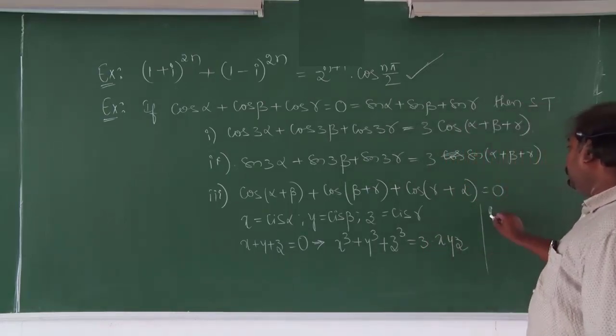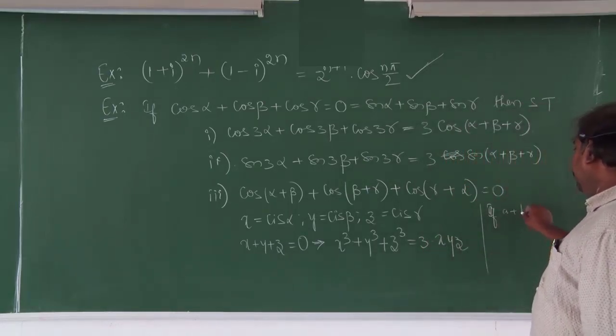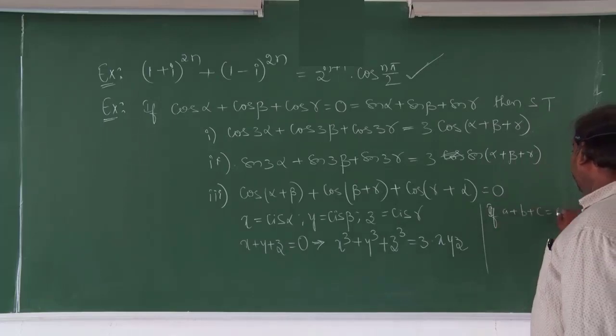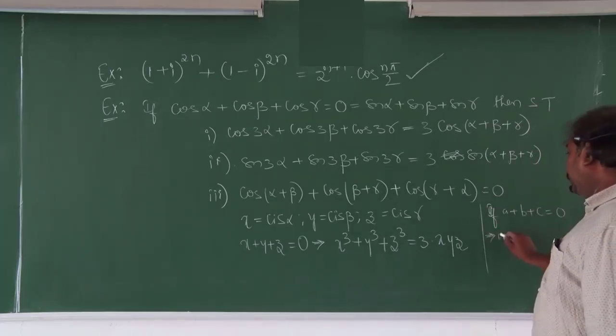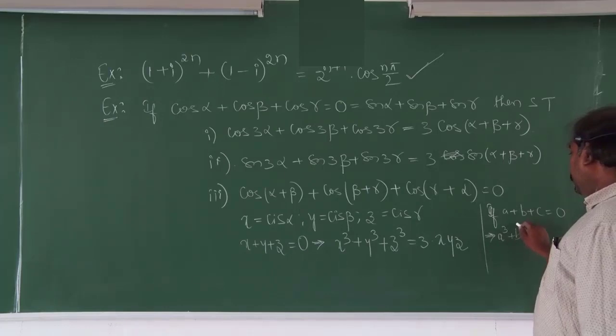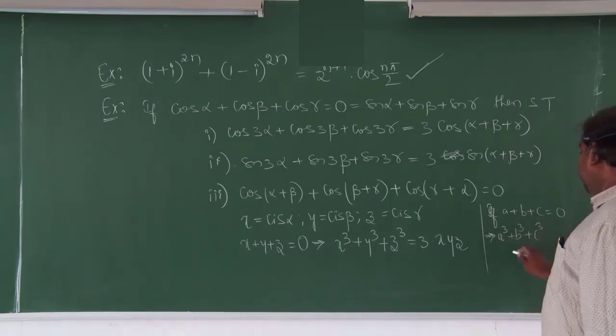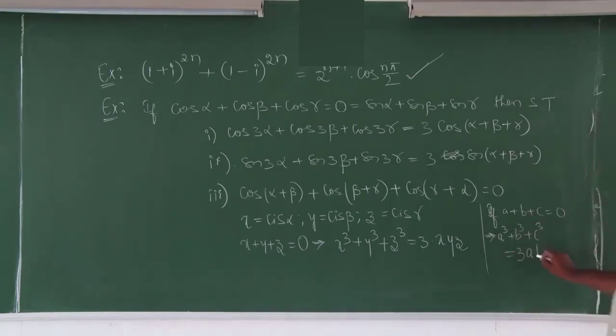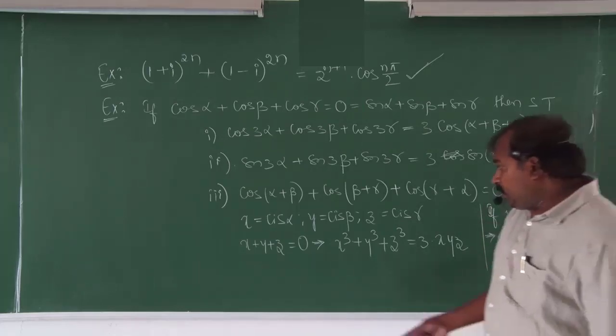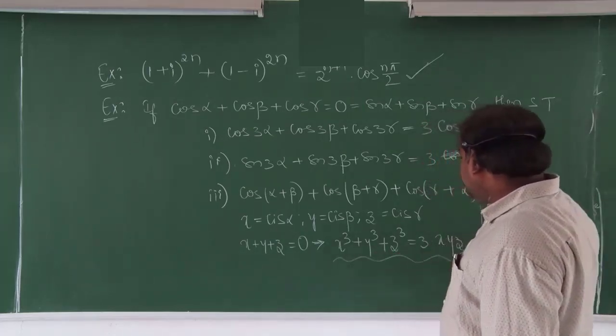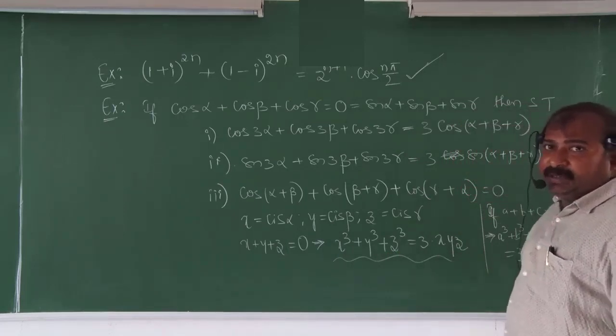If a plus b plus c is equal to 0, directly you can get a cube plus b cube plus c cube equal to 3abc. Based on this formula, directly here you will get x cube plus y cube plus z cube equal to 3xyz.